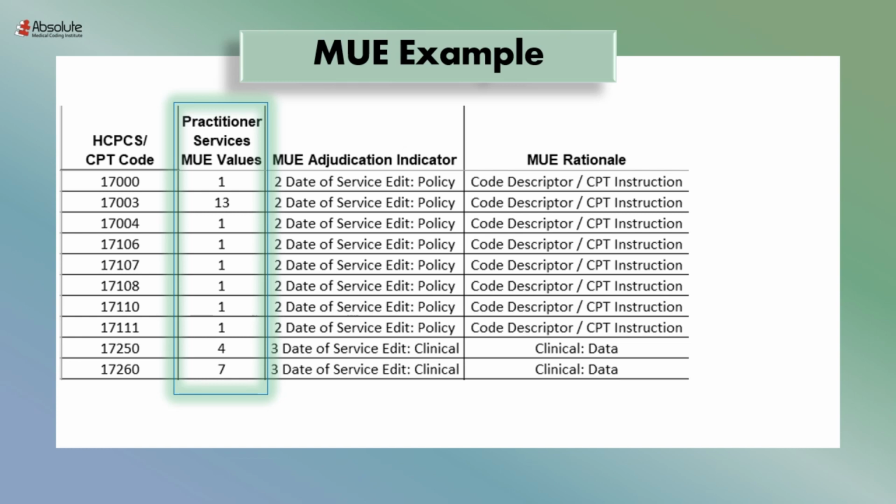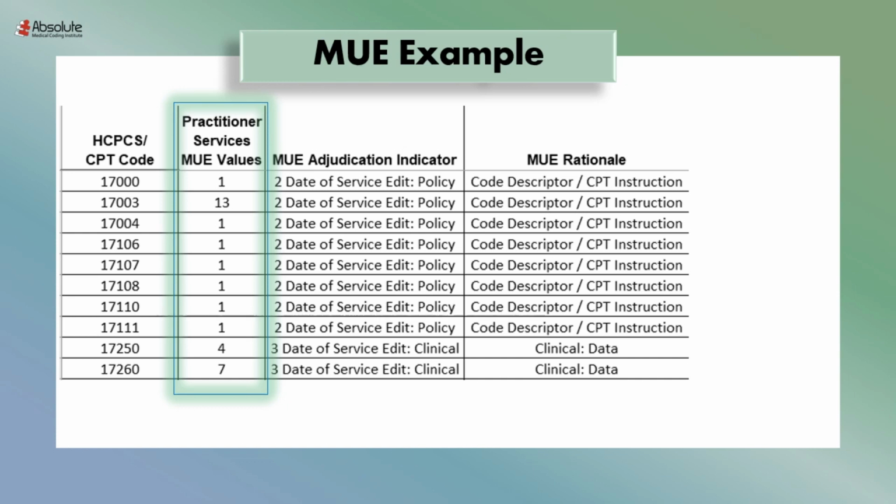That basically indicates an absolute date of service edit, and these are per day edits based on policy. As you can see where it says date of service edit and it says policy, these are based on policy, and pretty much there's an expectation that the provider will not bill above the allowable MUE.